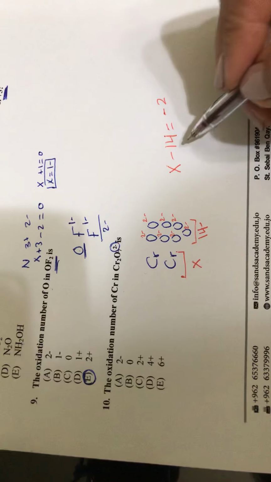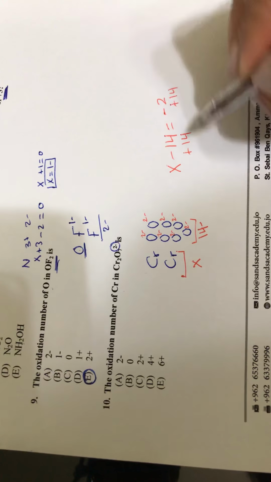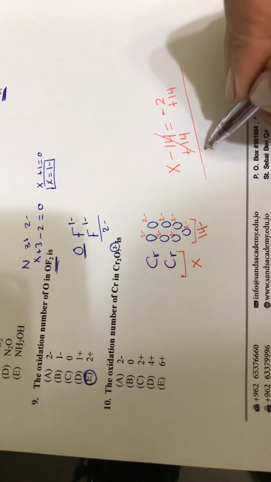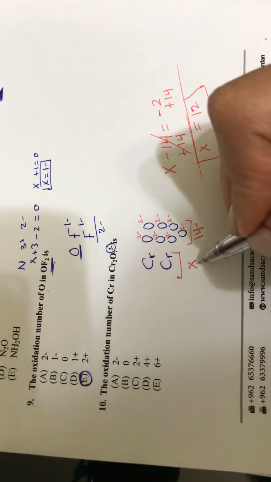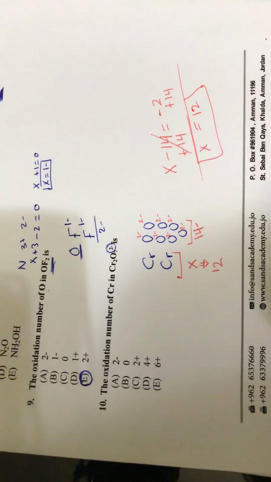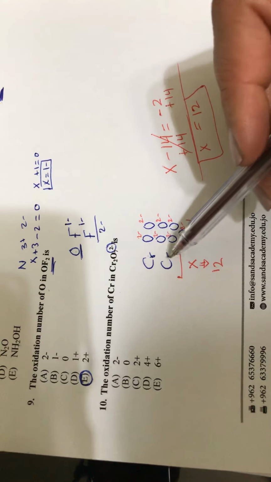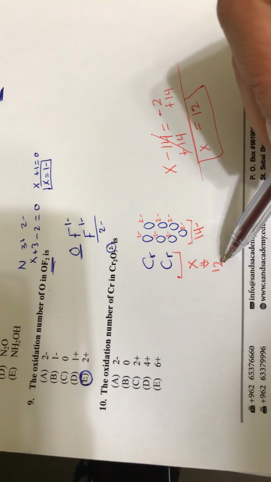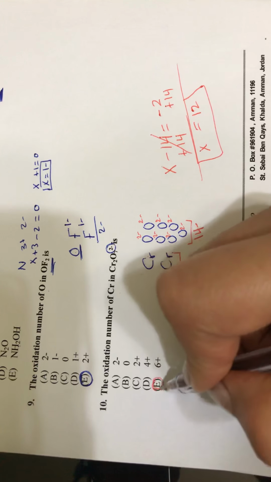So X minus 14 equals -2, X equals 12. So here X equals 12. You have 2 chromium atoms with total charge +12. So each carries +6.